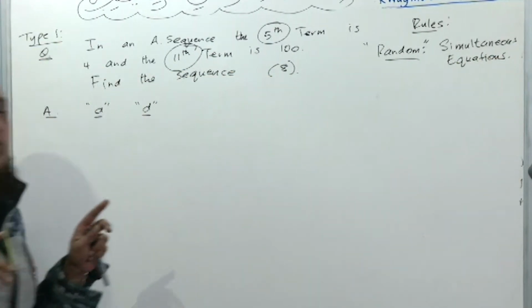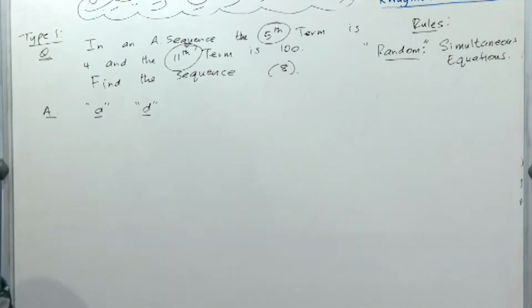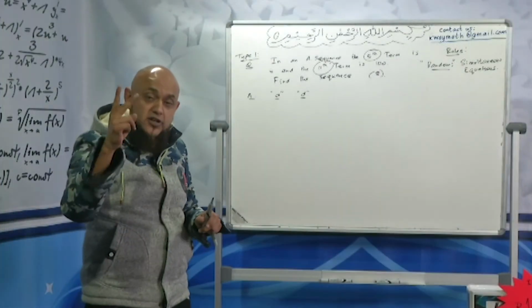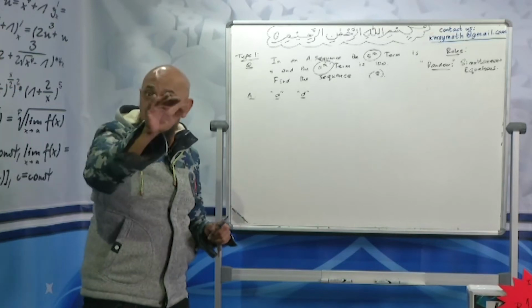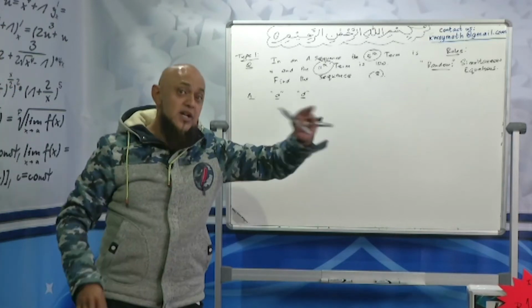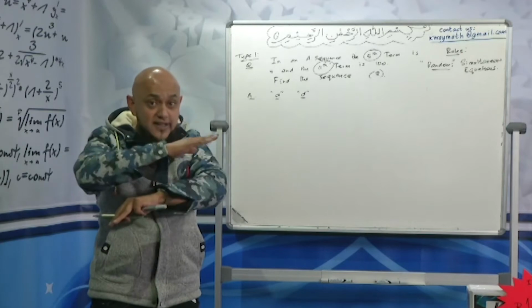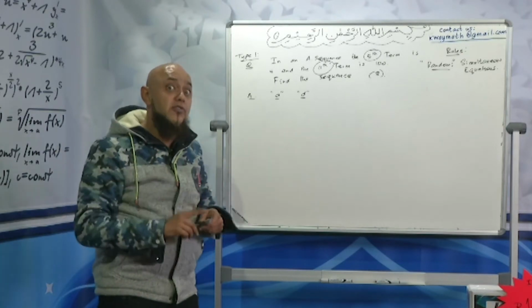There we go, the rule. It's one simple basic rule. You need two separate equations. You've got a random term, equation number 1. You've got another random term, equation number 2. Work simultaneously with equations 1 and 2, and solve for A and D.